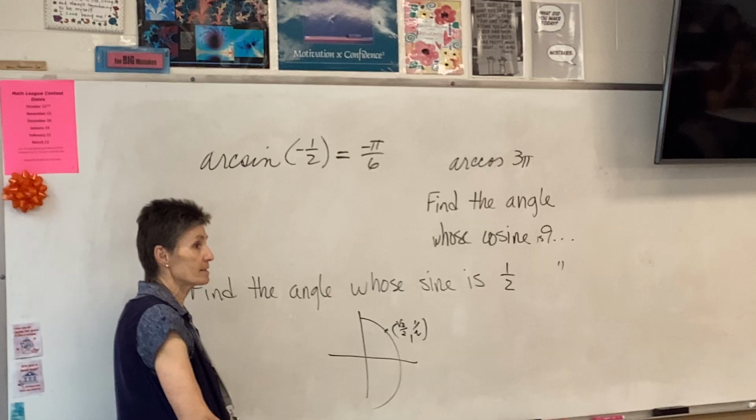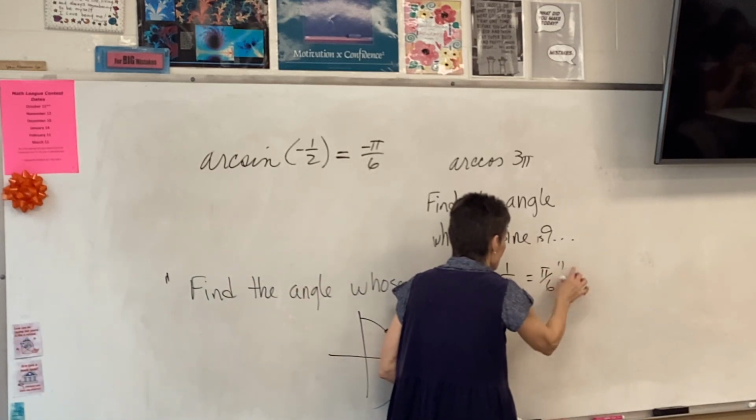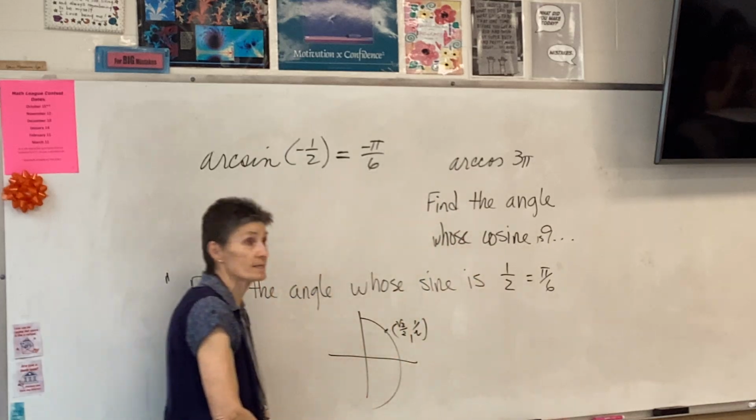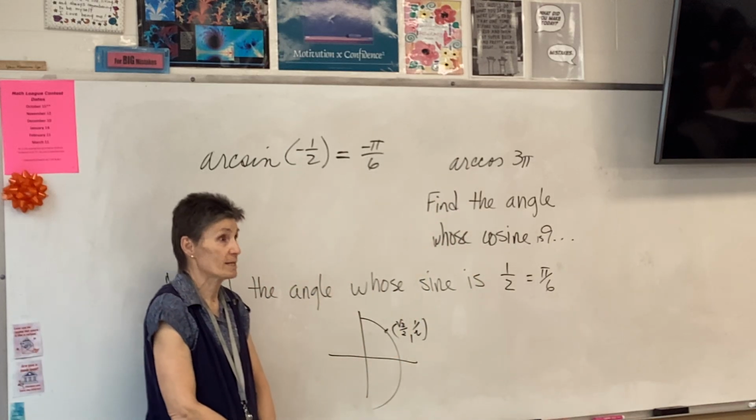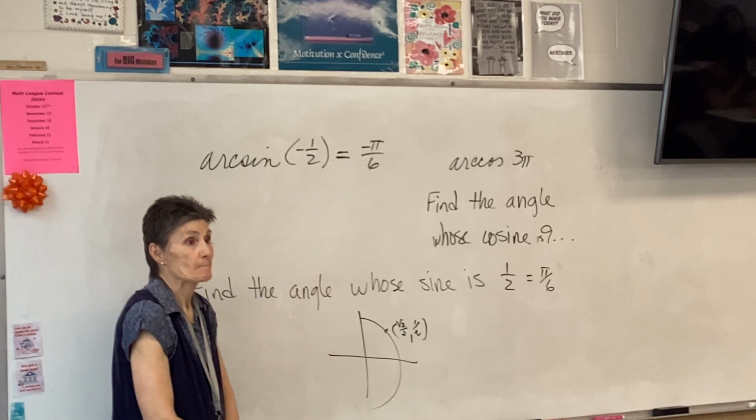Isn't that pi over 6? So the answer to the question is pi over 6. The answer to the question is not 5 pi over 6. You just rule it out right away because you know the arc sine can't be over pi over 6.